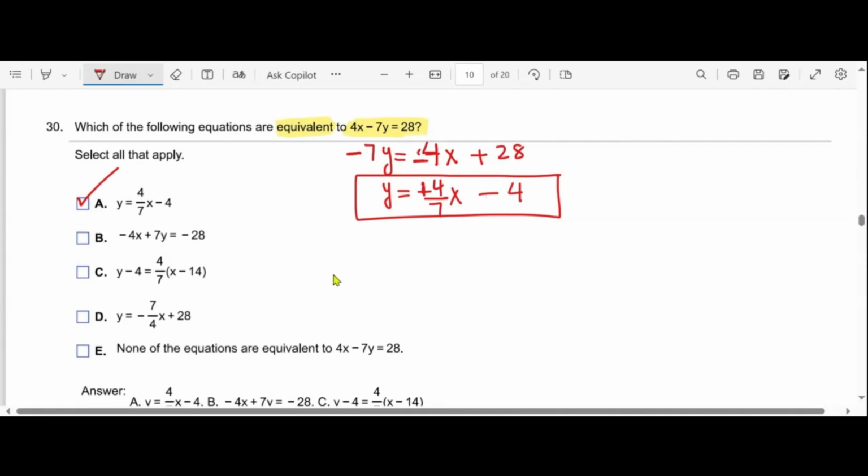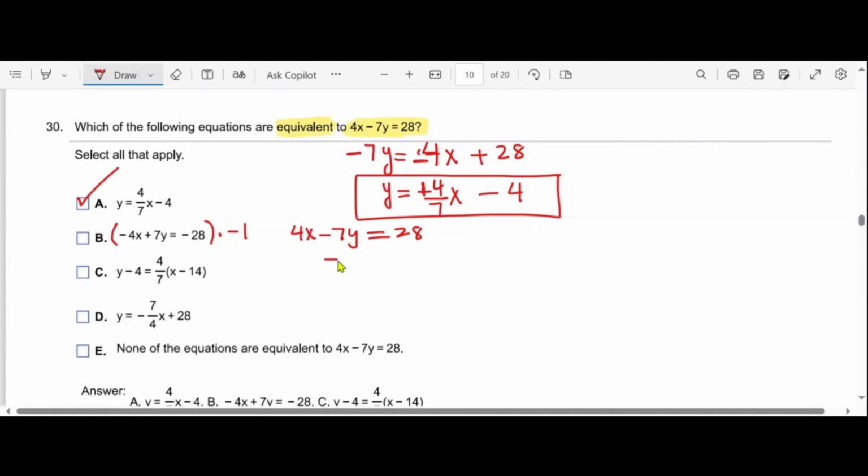What about this one? Why wrong? Because the 4 is negative. If I multiply this times negative 1, what are you going to get? 4x minus 7y equals what? 28.